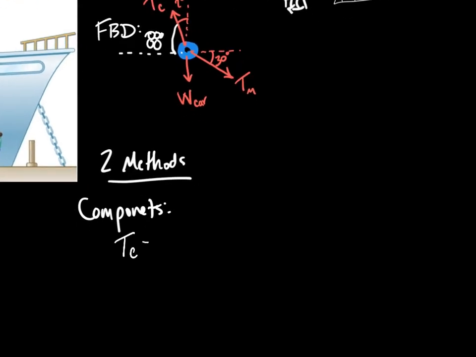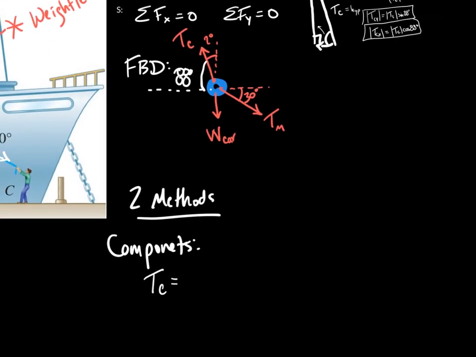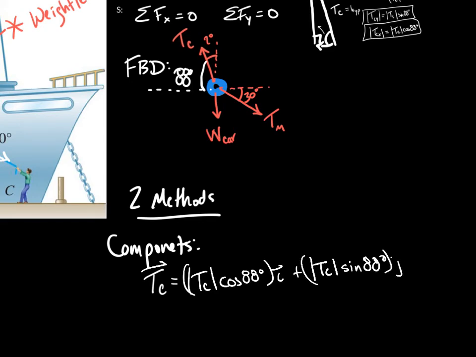So TC equals the magnitude of TC cosine of 88 degrees in the I direction, plus the magnitude of TC times the sine of 88 degrees in the J direction.